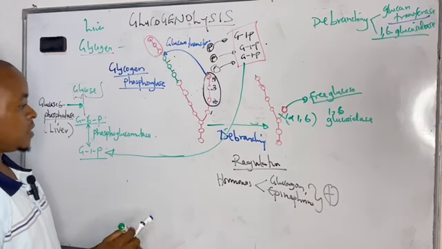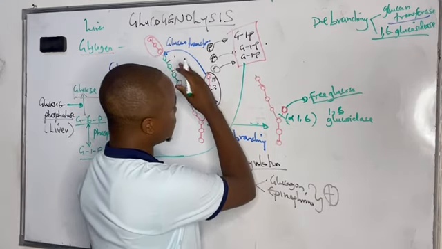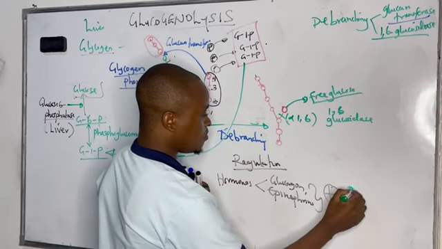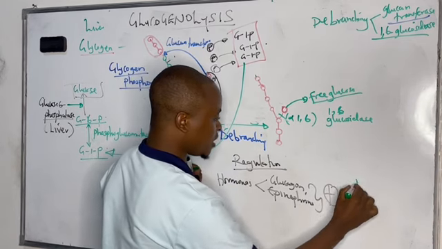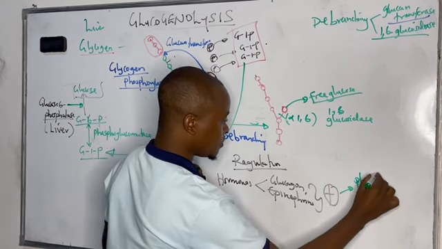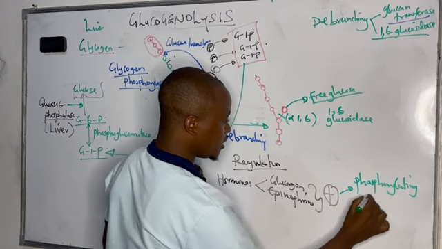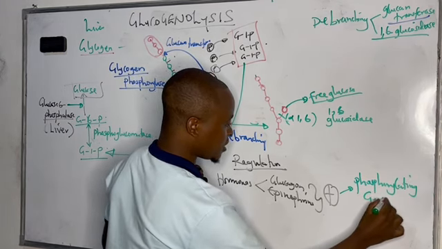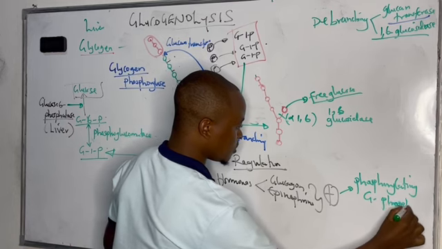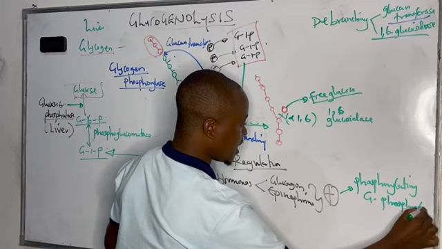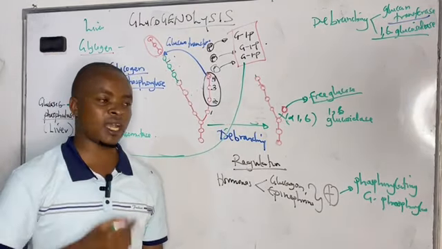They stimulate this by adding phosphate, or by phosphorylating glycogen phosphorylase. So when they add phosphate groups on glycogen phosphorylase, it becomes active.